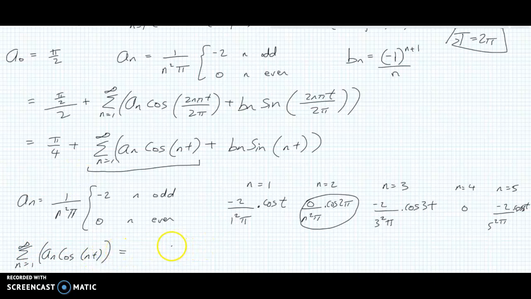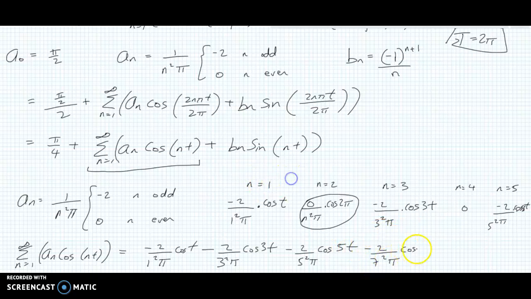It's going to be equal to minus 2 over 1 squared pi times cos t, and the next bit is going to be minus 2 over 3 squared pi cos 3t, minus 2 over 5 squared pi cos 5t, and so on, minus 2 over 7 squared pi cos 7t.